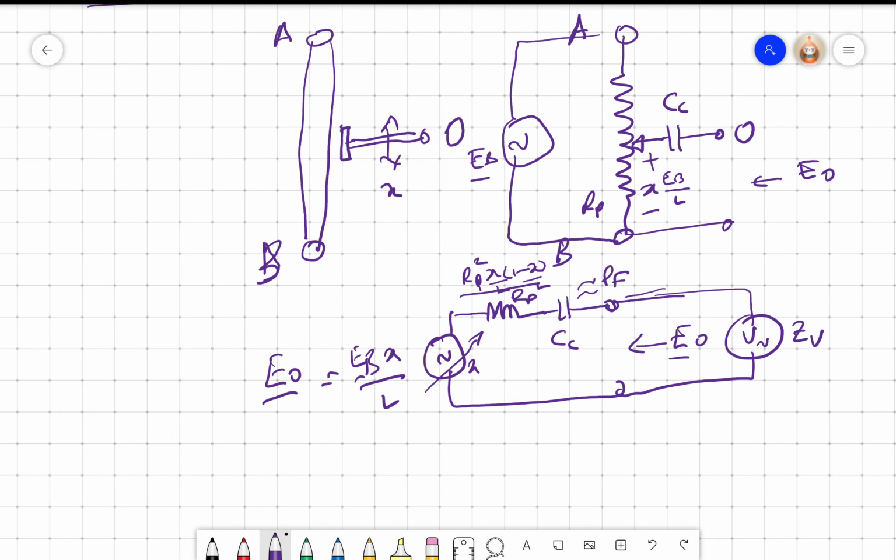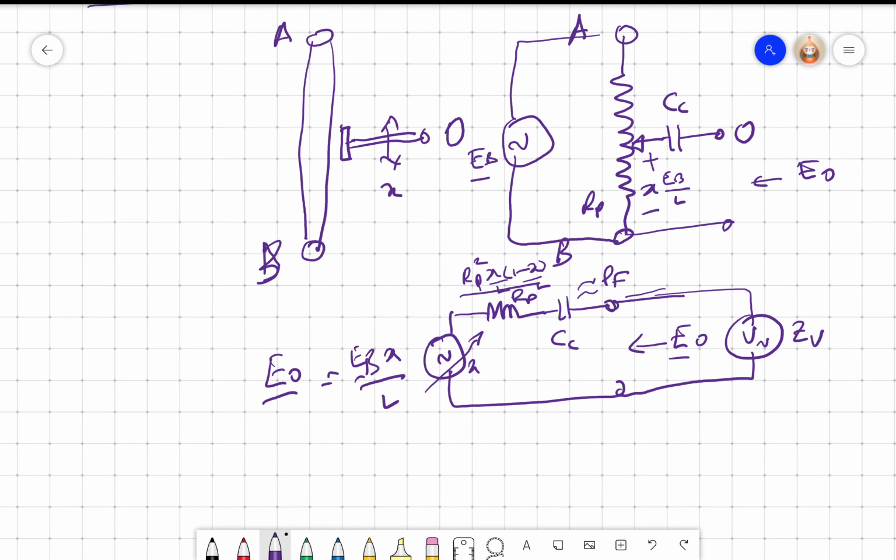The picofarad means that 1 by j omega C, however omega is high, C in 10 power minus 12 will result in at least a few hundred kilo ohms equivalent impedance for Cc at that frequency. Which means I would not be able to really use this circuit, even though I can excite it with AC, and my capacitor would allow AC to go on to the output side. It's not a good solution.